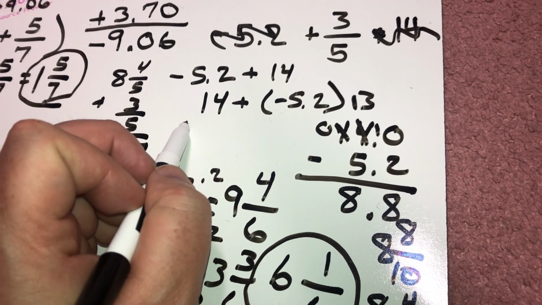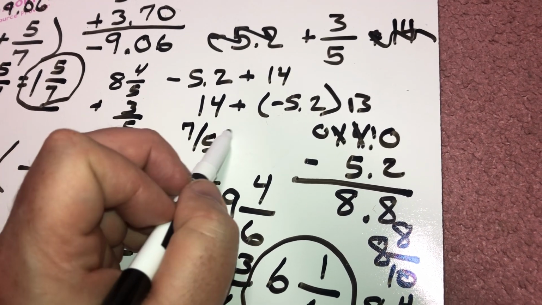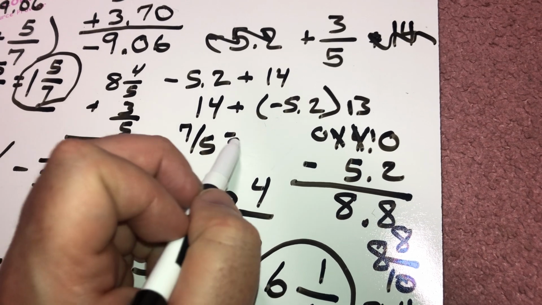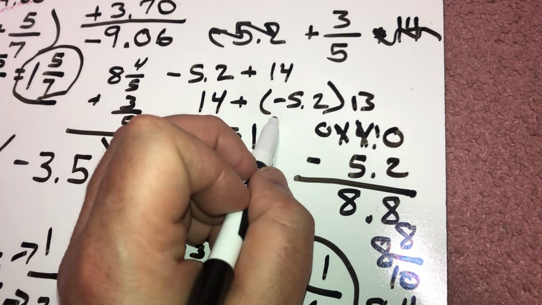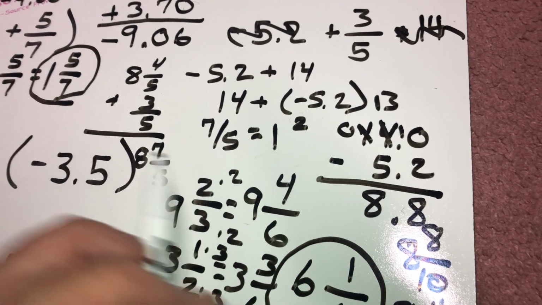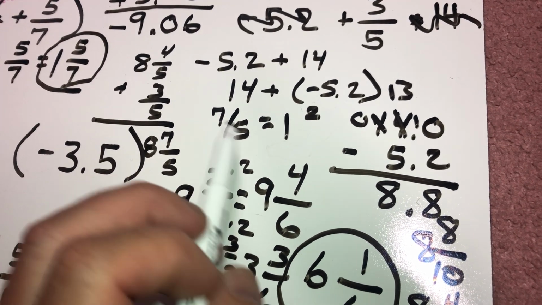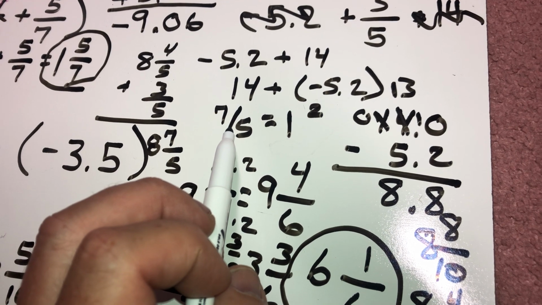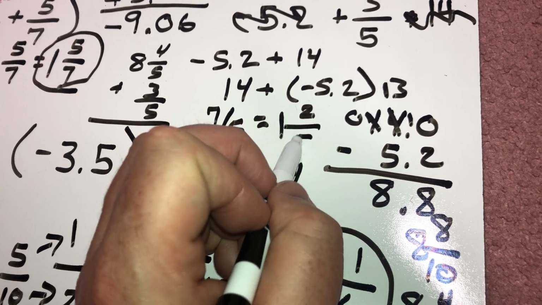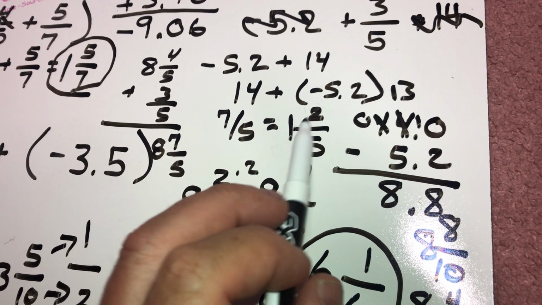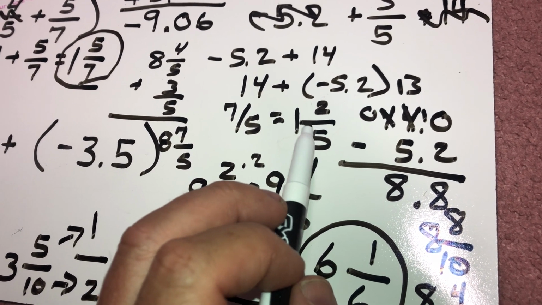If I come over here with 7/5, 5 can go into 7 one time. If I take 5 into 7 one time, there will be 2 left over. Because remember what I'm doing is I'm just taking 7 and dividing it by 5, which would be 1 remainder of 2. The denominator is 5. The 7/5 becomes the 1 and 2/5.